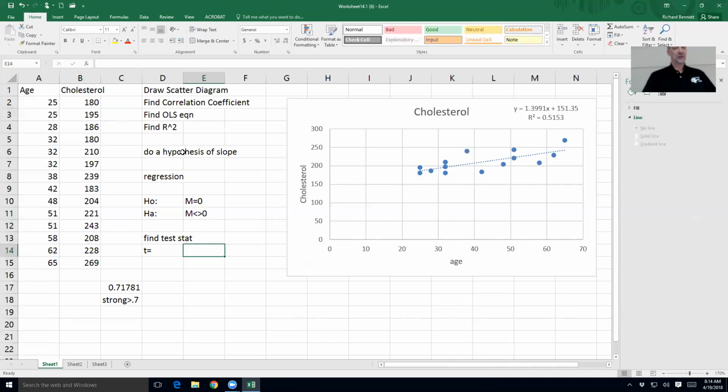Eric? B1 over S sub B1, which is the slope divided by the square root of the sum of x_i minus x bar. Okay, yeah, what you said was also correct, but that's the simpler form of it.